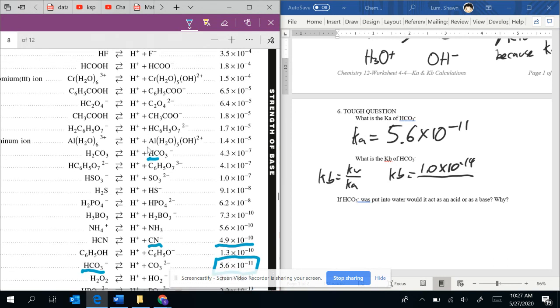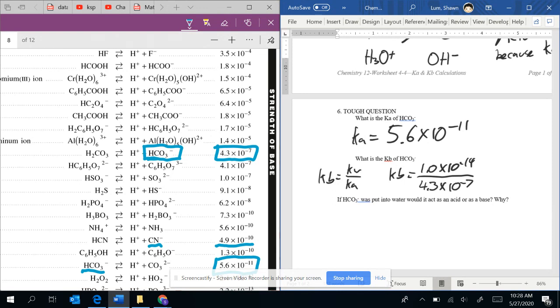This one is up here because we have to find HCO3 minus on the base side when it's acting as a base. So the conjugate acid Ka of that is 4.3 times 10 to the negative 7. So I'm going to write 4.3 times 10 to the negative 7.